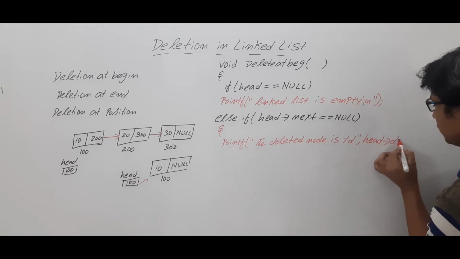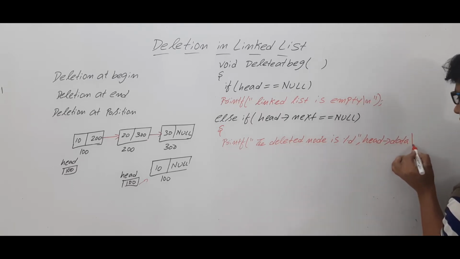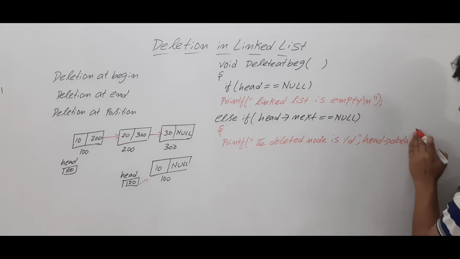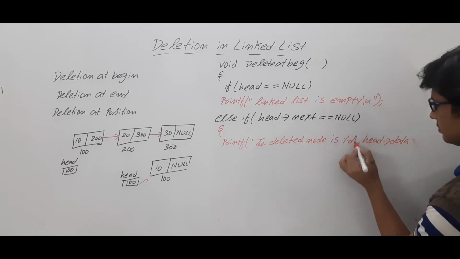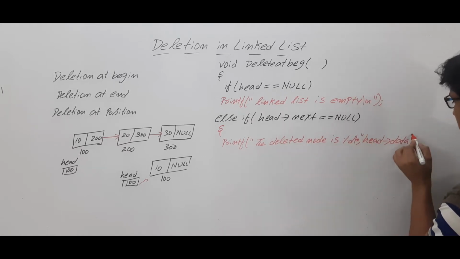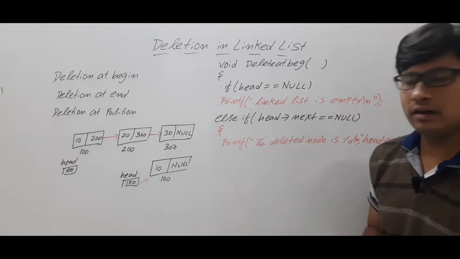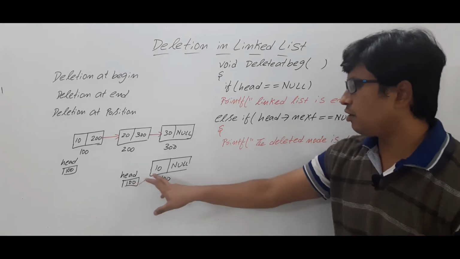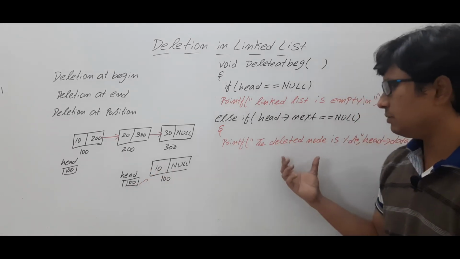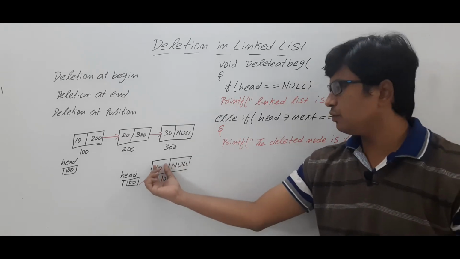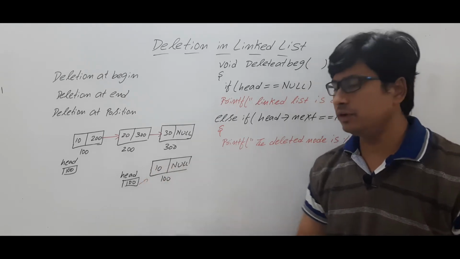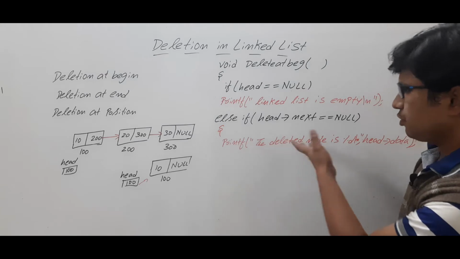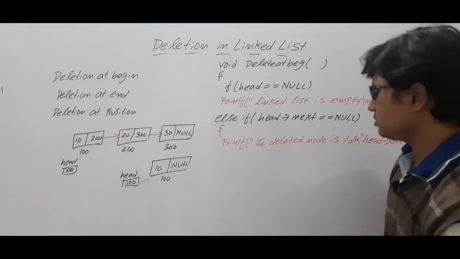So that element we are deleting. I hope it is clear for you. Are you able to understand? Head of data is 10, so the value 10 will be displayed. That node where the value is 10 will be deleted. If you don't want to write this, you can avoid it also.